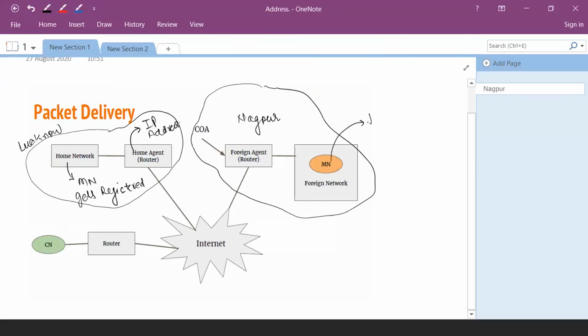Mobile node is nothing but Nidhi. That is me. So now Nidhi is moving to the Nagpur location, residing inside the foreign network. That is the Nagpur location. And who is the correspondent node? The correspondent node is the user who wants to communicate with me.